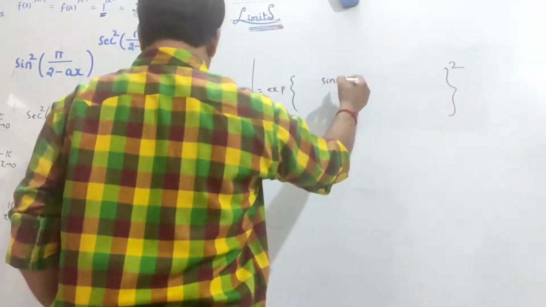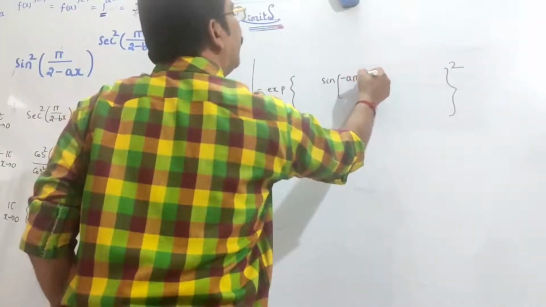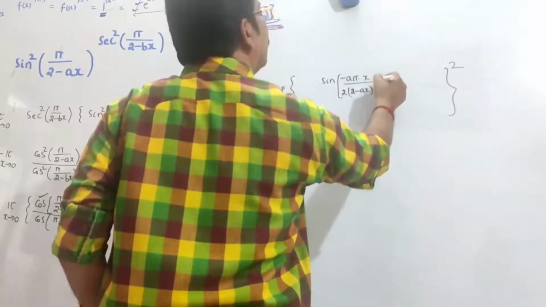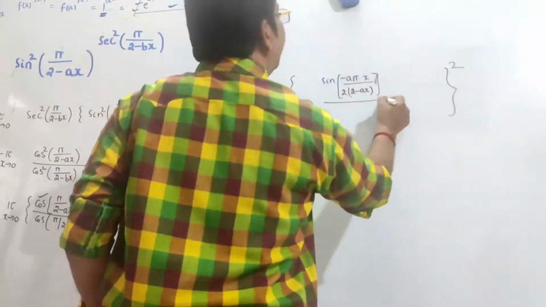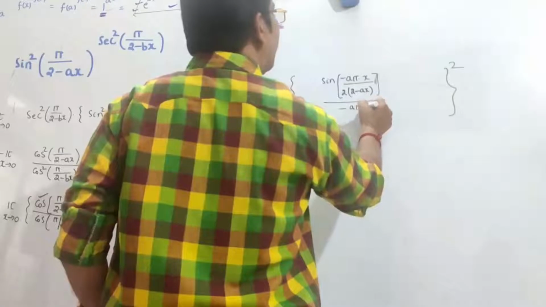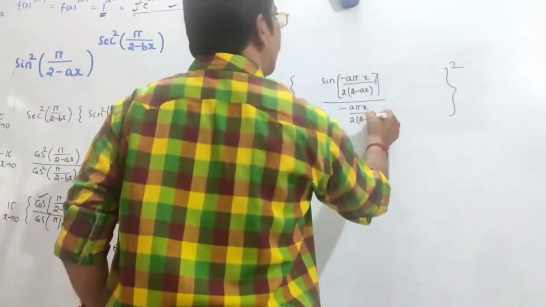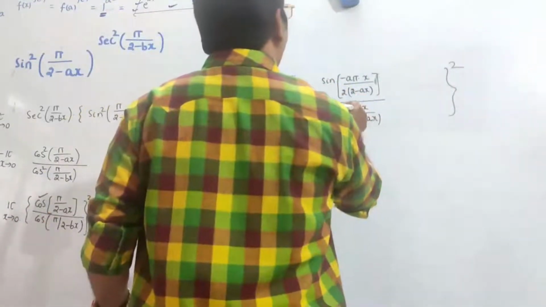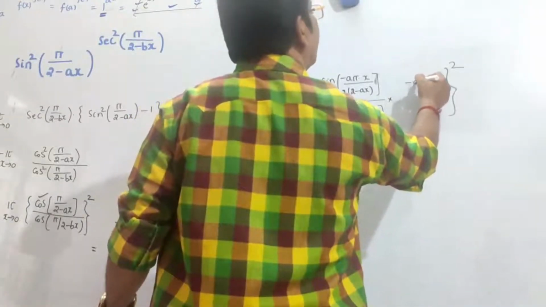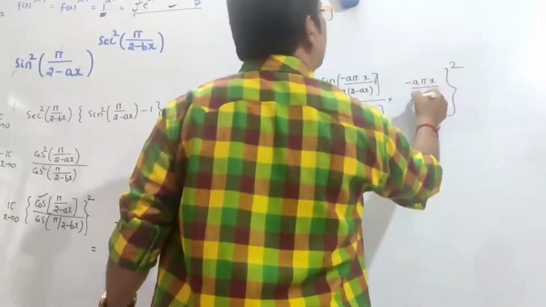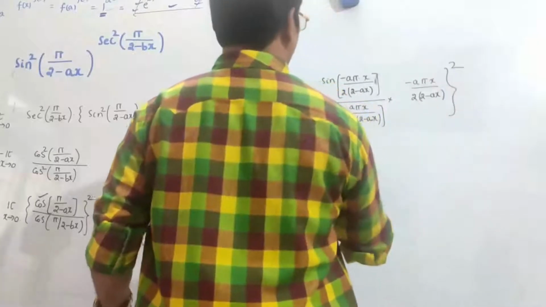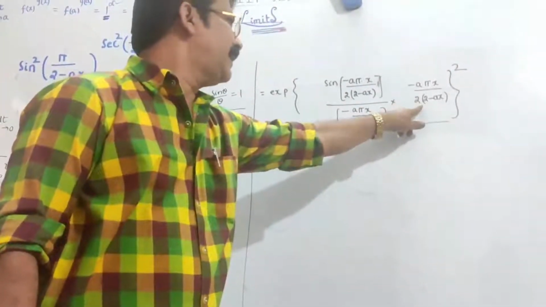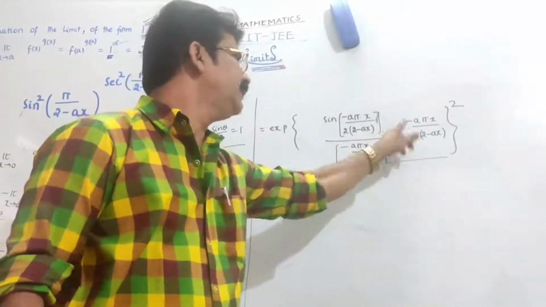I can write it as sine of (minus a pi x divided by 2 into (2 minus ax)) divided by (minus a pi x divided by 2 into (2 minus ax)), into (minus a pi x divided by 2 into (2 minus ax)), whole divided by, meaning sin theta is there, we multiply with theta and divide by theta, sin theta by theta into theta, just like that.